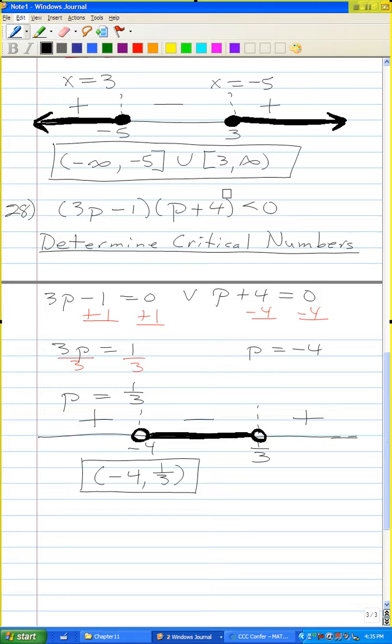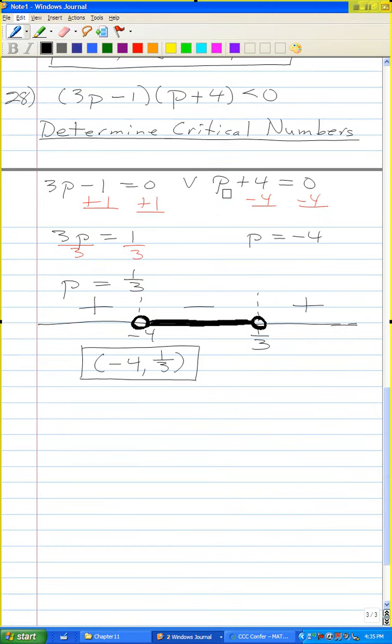So it turns out that if the root has odd multiplicity, such as in this case, let's say here, it has a power of 1, so a simple root, then the signs will change.